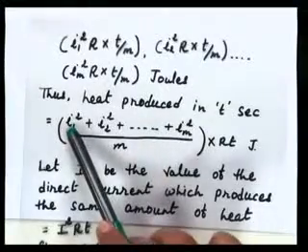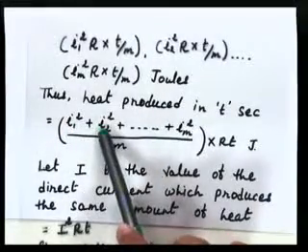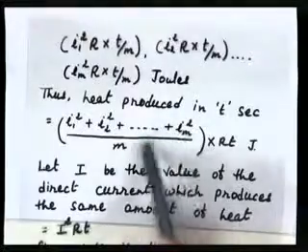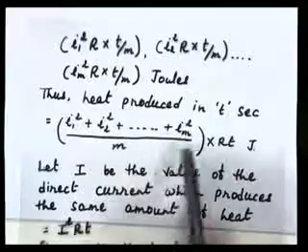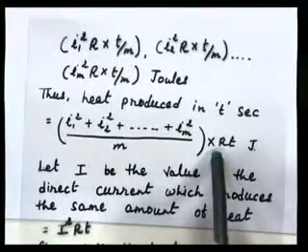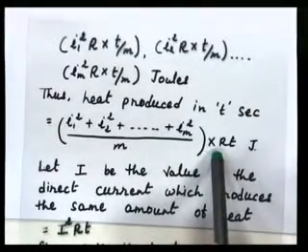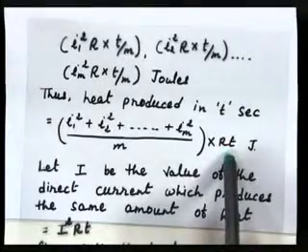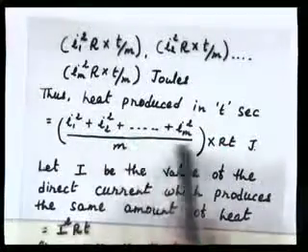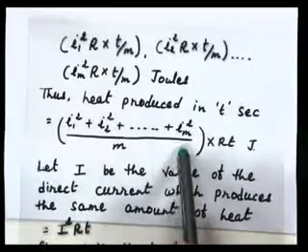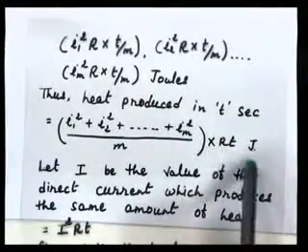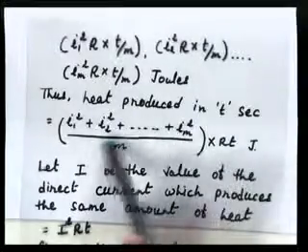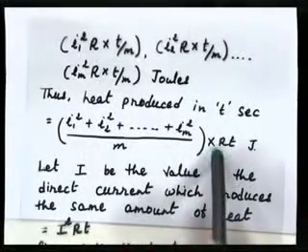So it is equal to I1 square plus I2 square up to Im square, divided by the number of sections, which is m, into the resistance of the circuit R and time taken, which is T. This equation will give you the total amount of heat produced by a waveform. Again, the unit is joule. Now this is the heat produced by alternating current.